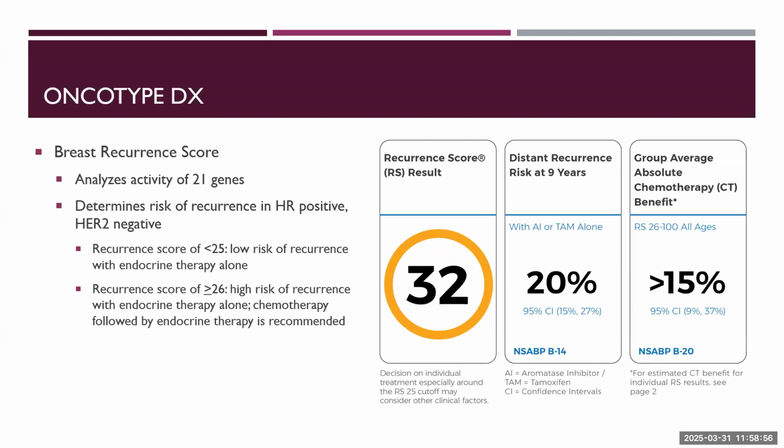So just doing endocrine therapy by itself, their chance of having recurrence of the breast cancer at 9 years is 20%. Then on the right, they tell you the average absolute chemotherapy benefit. If their score is 26 or higher, it is greater than 15%. So in this example, chemotherapy would be indicated for this patient because the benefit outweighs the risk of receiving chemo.